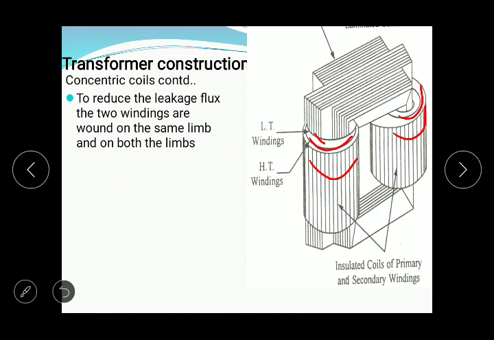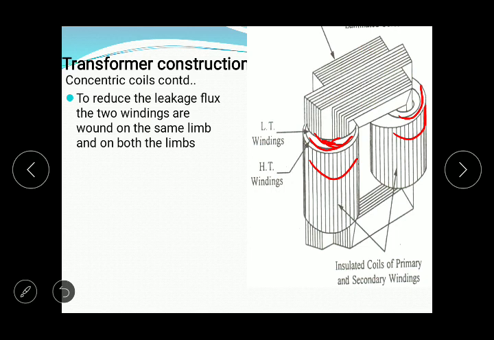The first one, near to the core, the LT winding is connected, then after that it is insulated, then the ST winding is wound after the insulation of the LT winding. So this construction technique reduces the leakage flux.